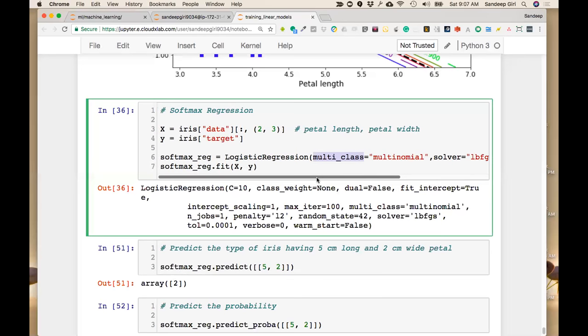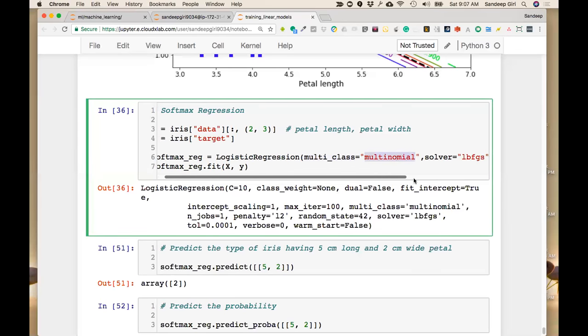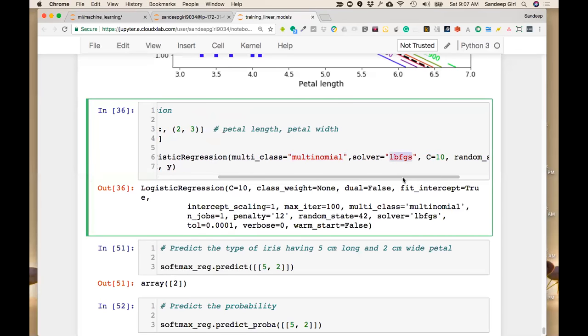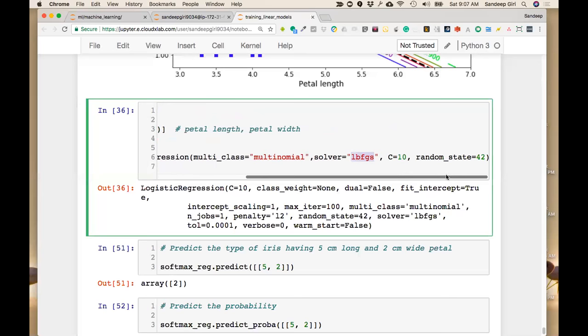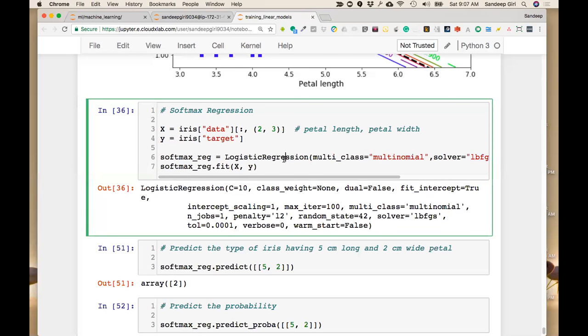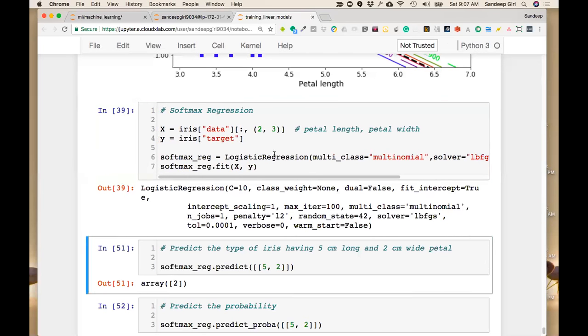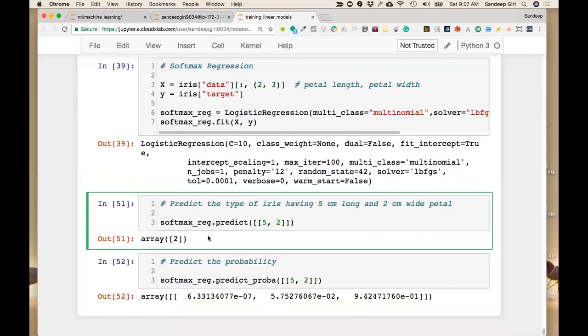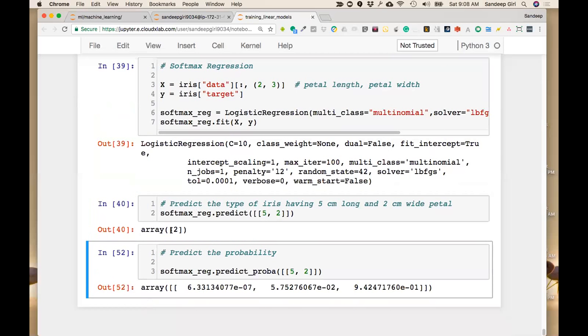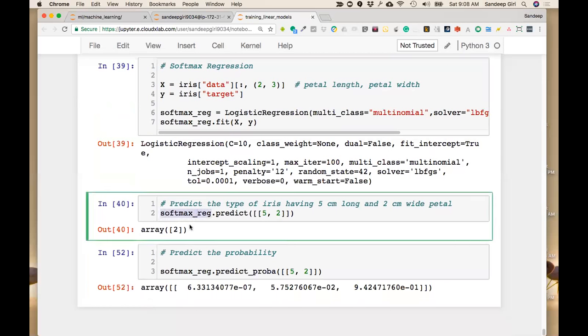To solve such a problem, we are using multinomial, and the particular algorithm that we're using is LBFGS. If we want to predict something, we can quickly predict. So for a 5 centimeter long and 2 centimeter wide petal, our answer is 2. So it's able to predict.